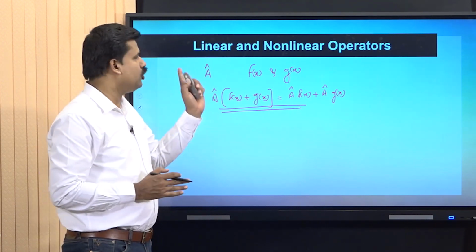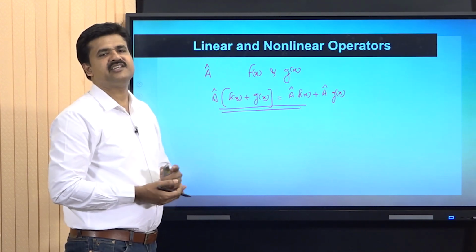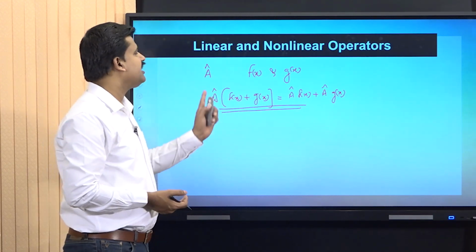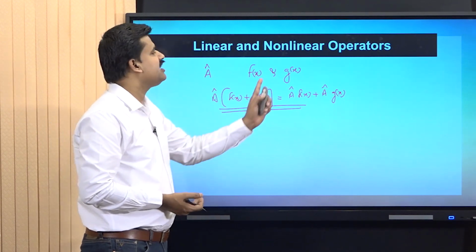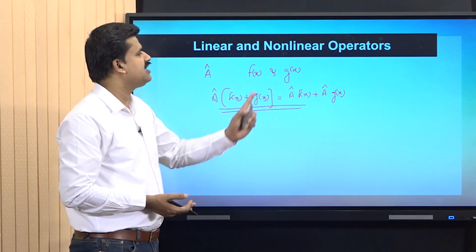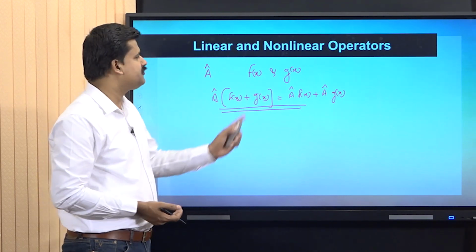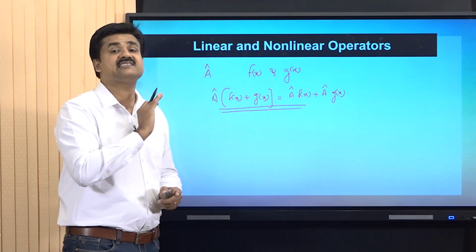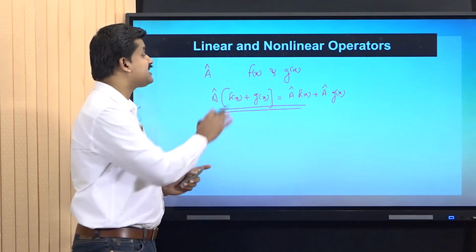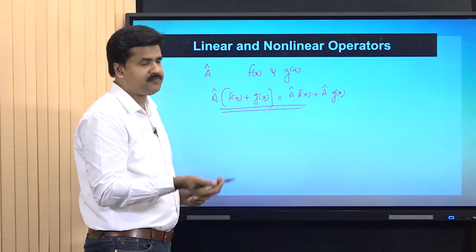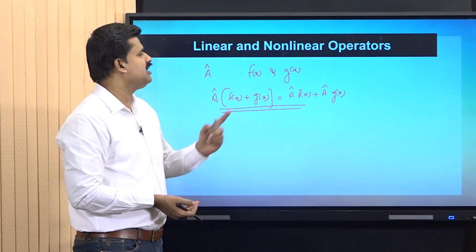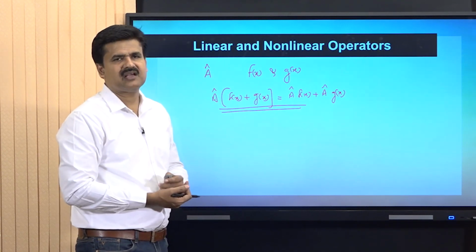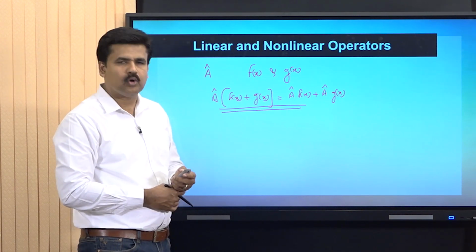So, an operator A hat is said to be linear if A hat of f of x plus g of x equals A hat f of x plus A hat g of x. If this equality is not valid, that means LHS not equal to RHS, we can call it a non-linear operator.